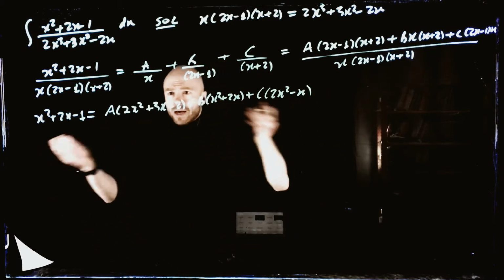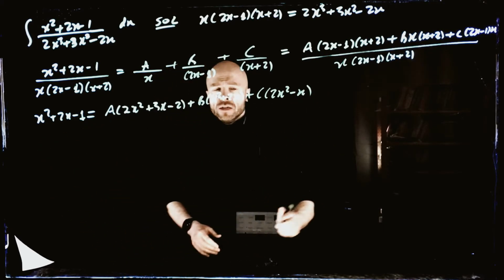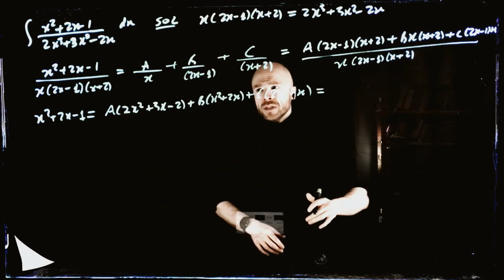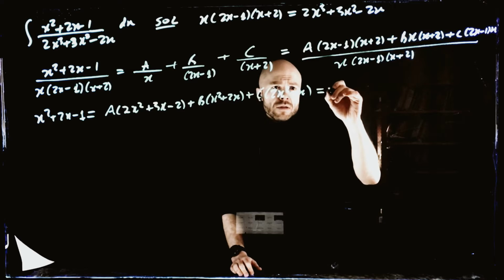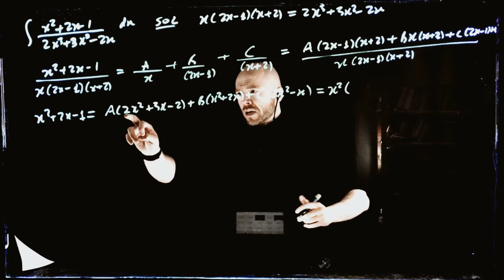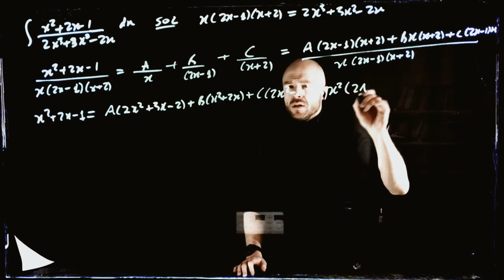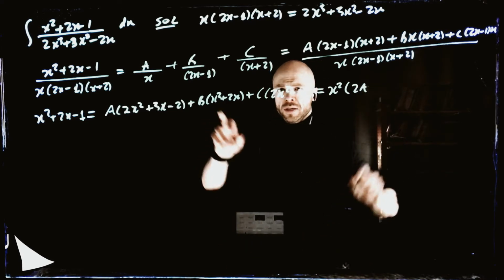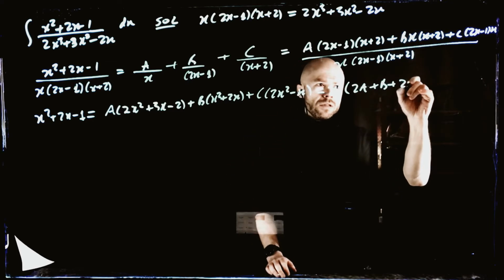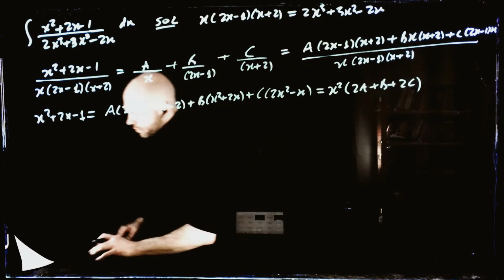And then we're going to compare the powers of x, right? So we're going to put all the x squareds together and compare that coefficient with the x squared coefficient over here. So we're going to have a 2a from this thing, a b from this thing, and a 2c from this thing.